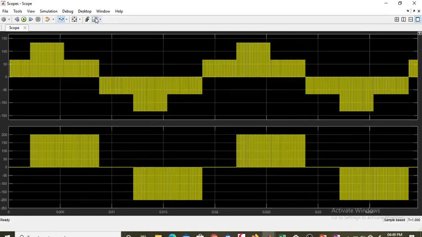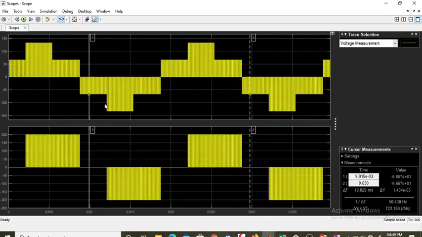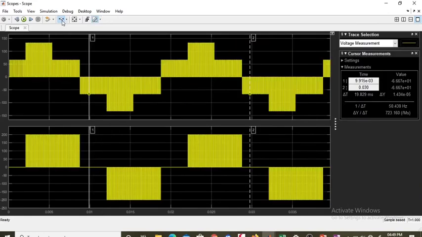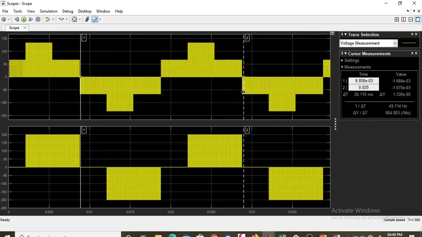Let's check the frequency of the phase value. To check this, I am opening the measurement of the scope, and just see here. These 2 points complete one cycle. Then let's see the time.